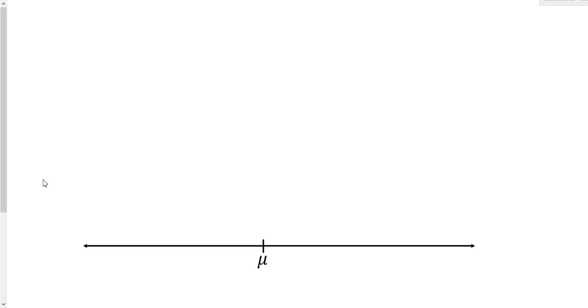I calculate the mean for that sample. That mean will be X bar. X bar is my estimate for mu, the population mean, but it's the sample mean of only the 100, okay?